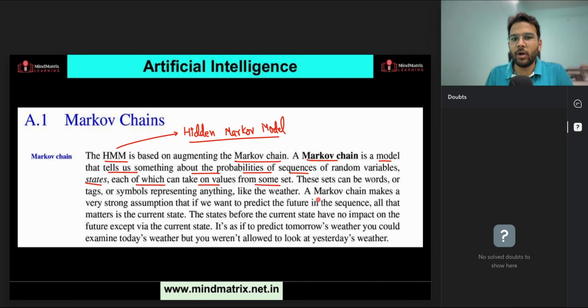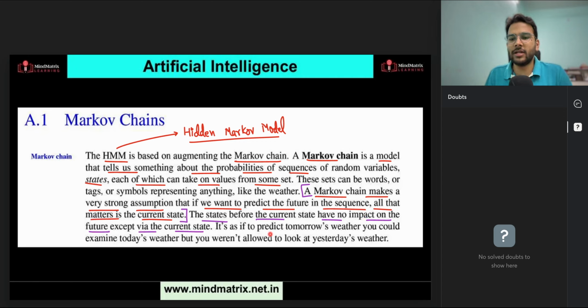A Markov chain makes a very strong assumption that if we want to predict the future in the sequence, all that matters is the current state. This point is very, very important. The states before the current state have no impact on the future except via the current state.